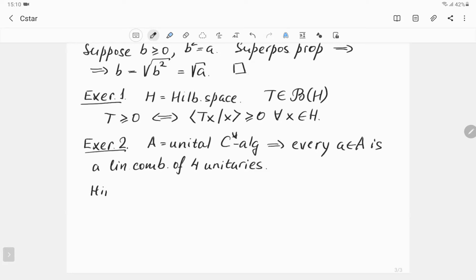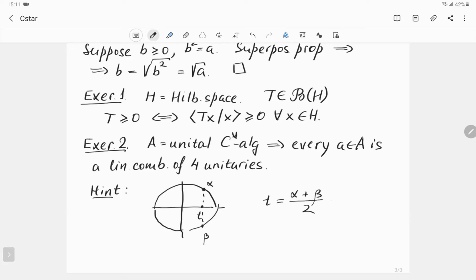And here's a hint. The hint will be a little picture. So this is a circle. This is T. This is alpha. And this is beta. And the hint is the following formula. T is alpha plus beta over 2.